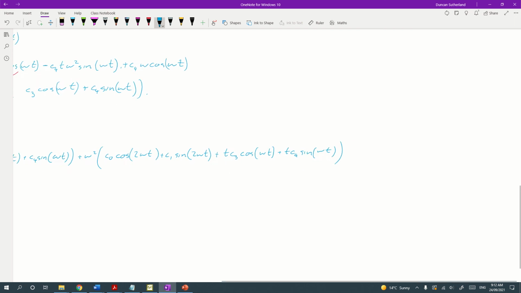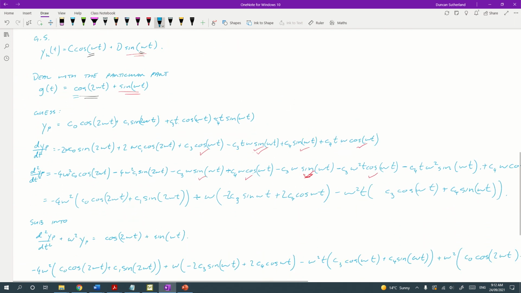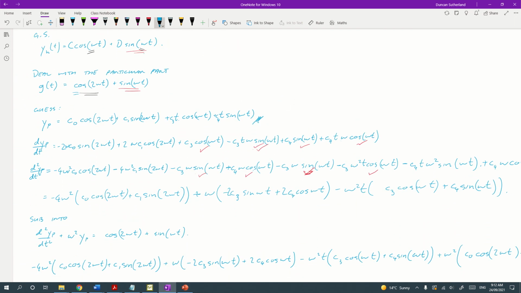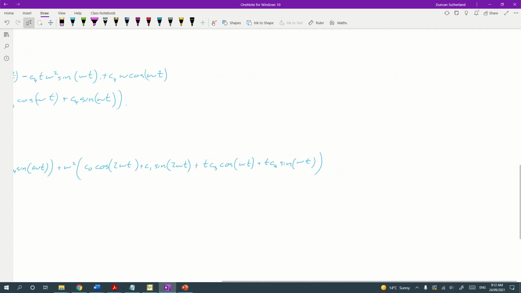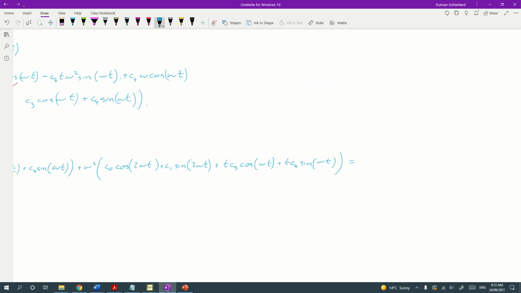Right, so that's this thing up here. Now this thing is equal to cos 2 omega t plus sine omega t.